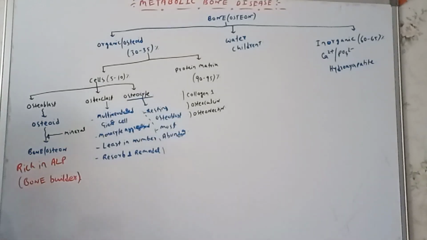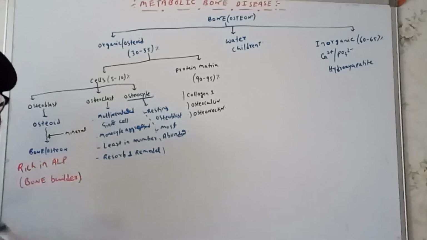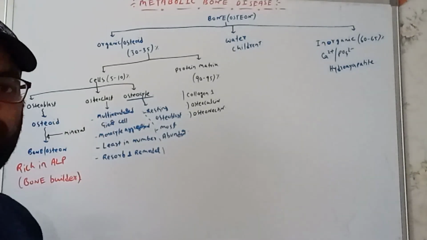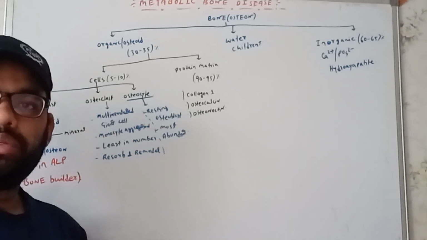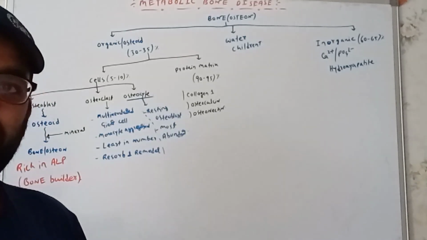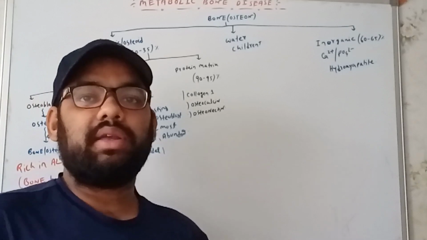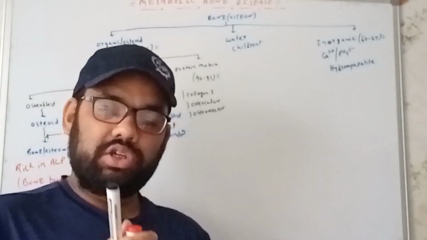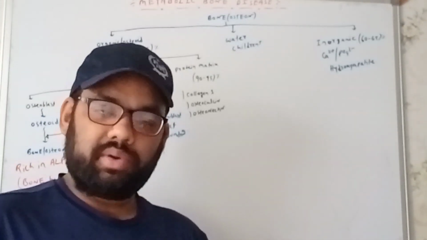Now within the cells, as I said, the 5 to 10% over here, we will see the presence of three kinds of cells. What are those? As you know, the osteoblast, osteoclast, and osteocyte. Now, what is the function of the osteoblast? Osteoblast helps to form the osteoid, right?